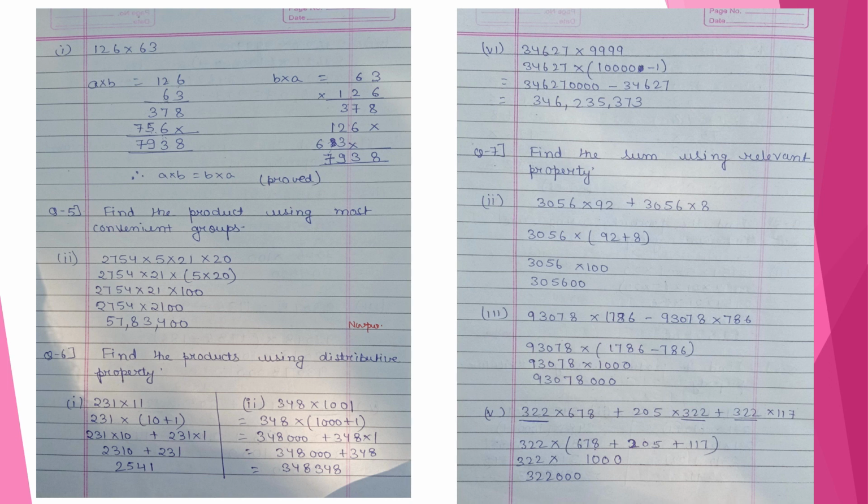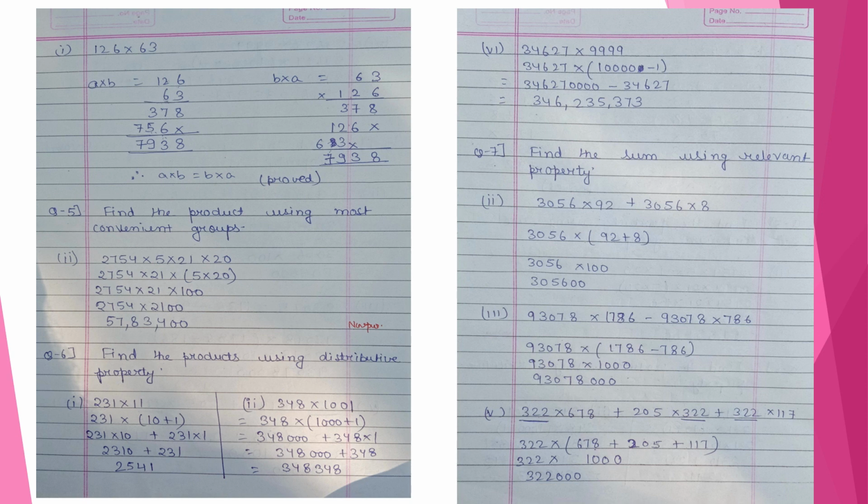So here in the sum you can see we have two parts, 3056 into 92 and again 3056 into 8. Both the terms are having 3056. So we will take them common. So 3056 is taken outside the bracket and we are getting 92 plus 8. So 3056 into 100. So very simply we can get the answer here.